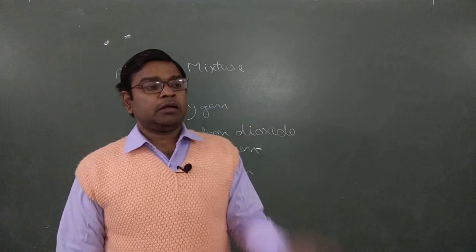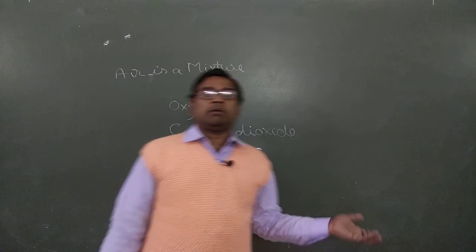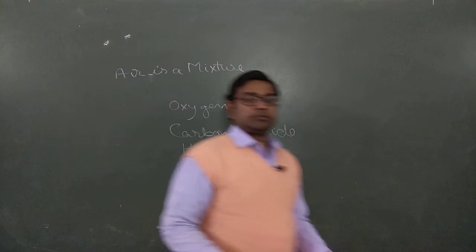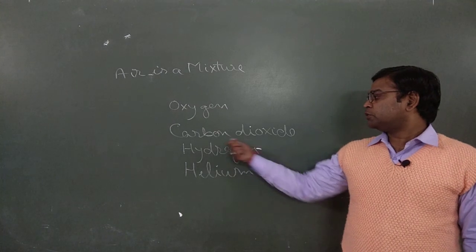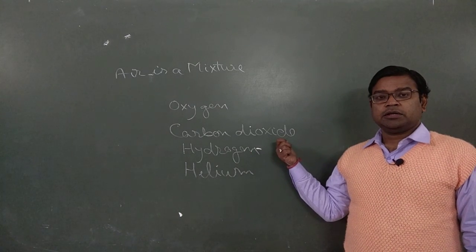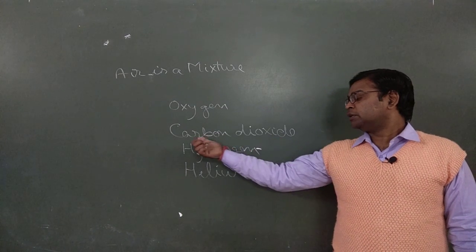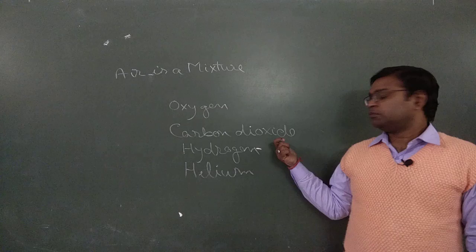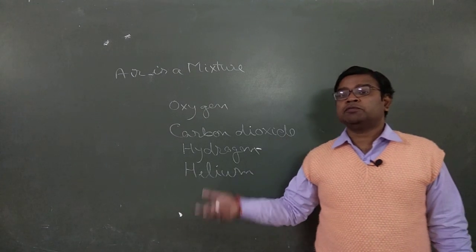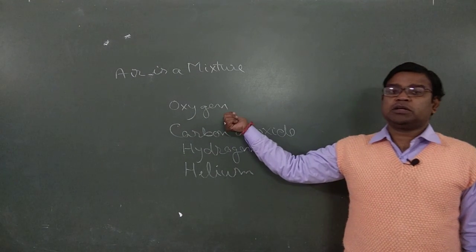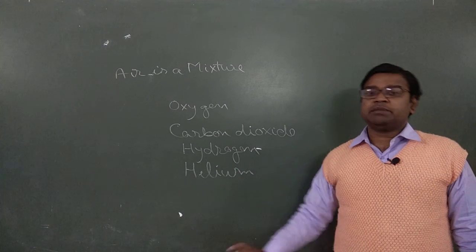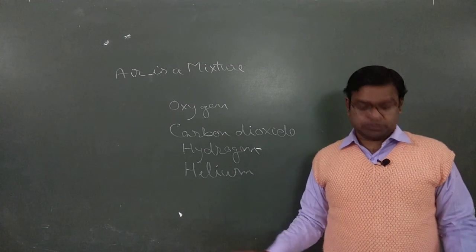Sometimes some gases reduce. Suppose in city areas this portion is high, but in the air of some village or forest areas this portion is high. Does it change? No, they are still air, because air is a mixture.